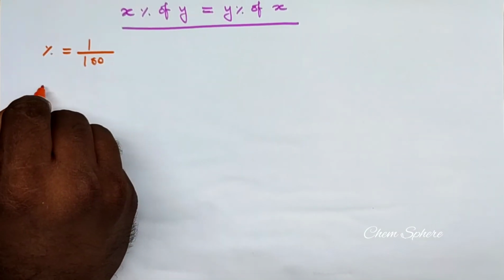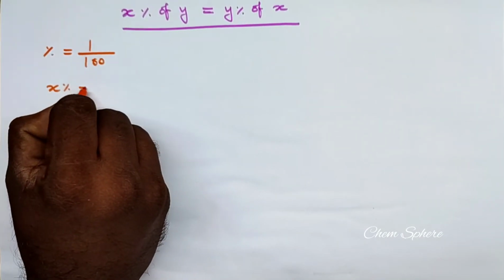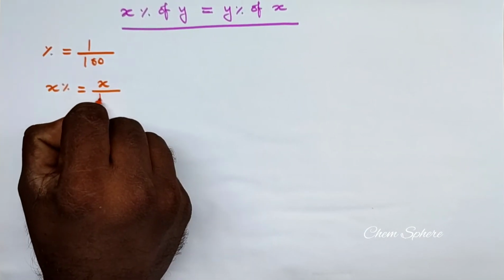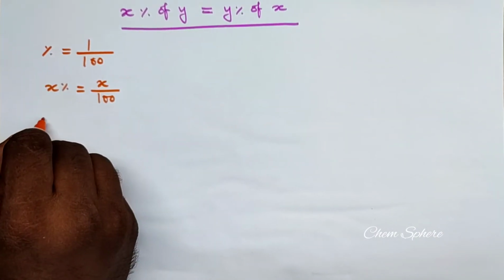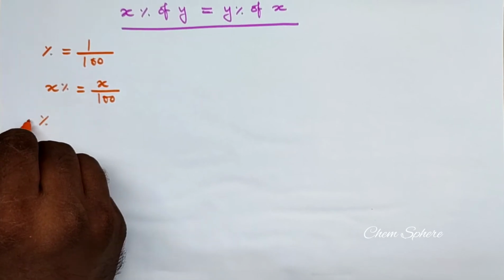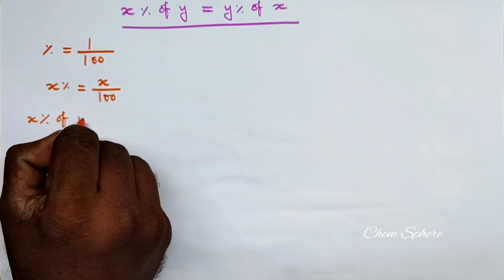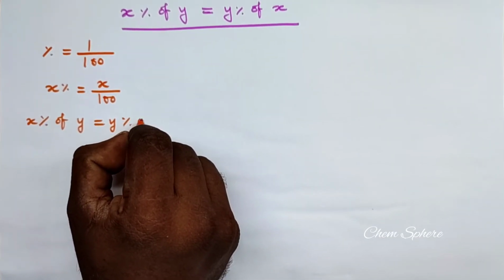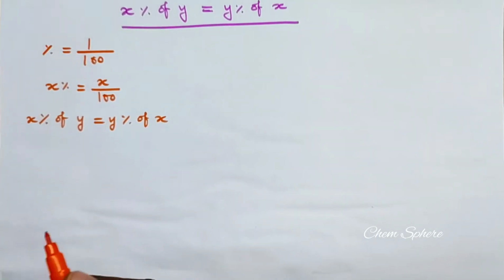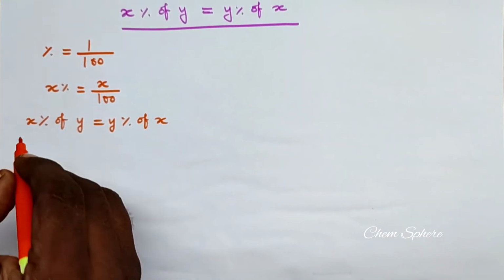Now x percentage means x over 100. Now I am telling you x percentage of y equals y percentage of x. I will give you a few examples.